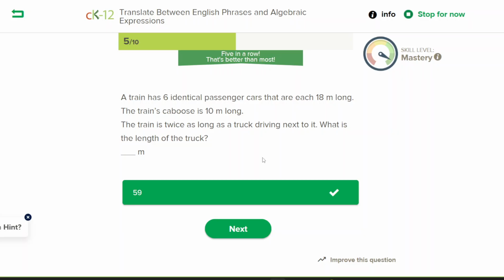And I've been saying, when you're reading through English phrases and trying to translate them into algebraic expressions, first identify quantities that you don't know or things that can take on a value, like the length of the train, the length of the truck, width, volume, area, distance, weight, cost.